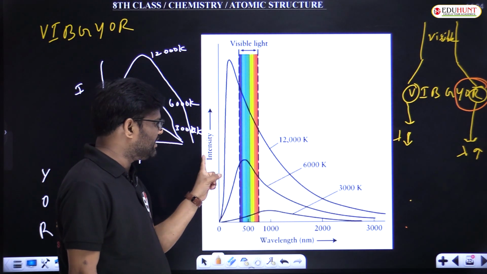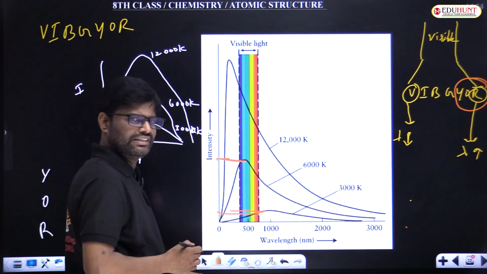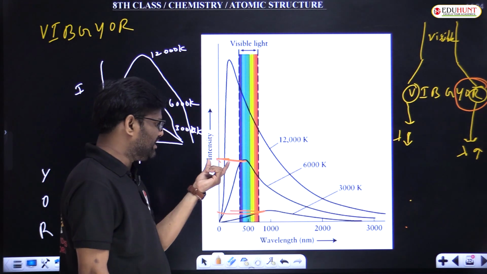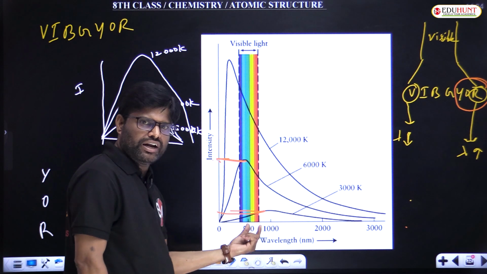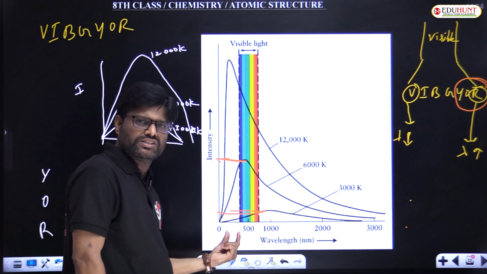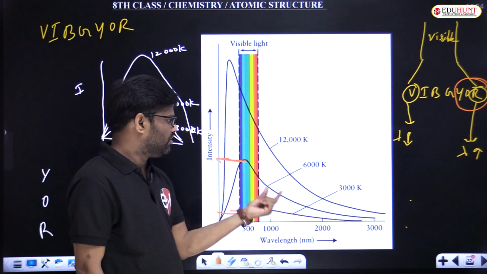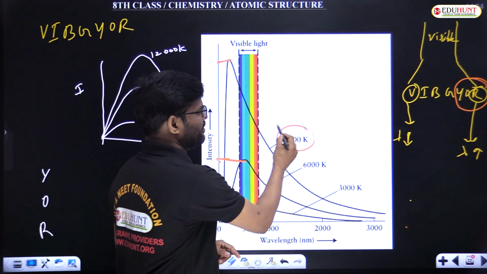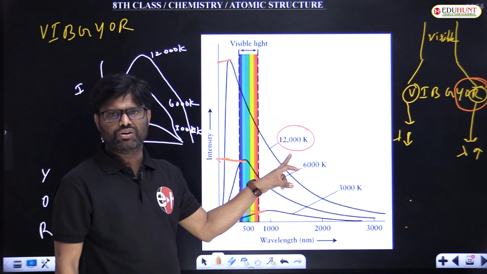Here the intensity increases, here the intensity decreases. Here brightness is more, here brightness is less. Yellow has less wavelength, red has more wavelength. At 6000 Kelvin the intensity is more.